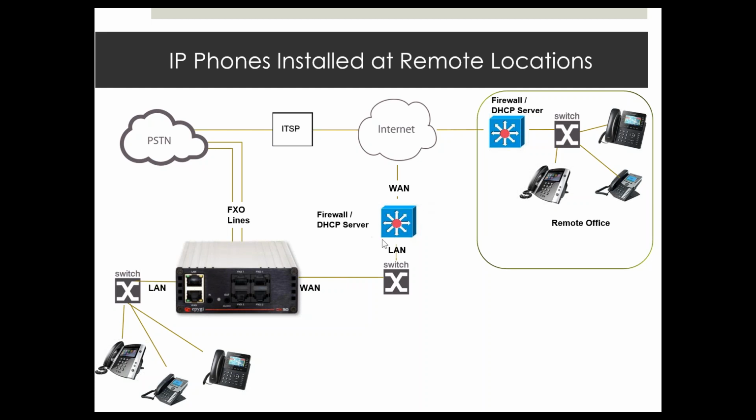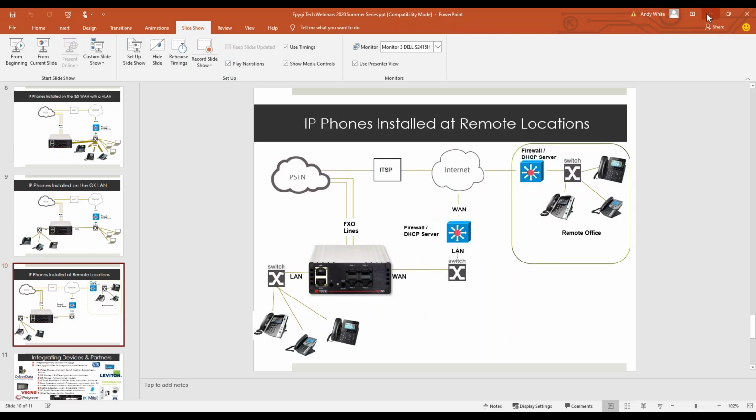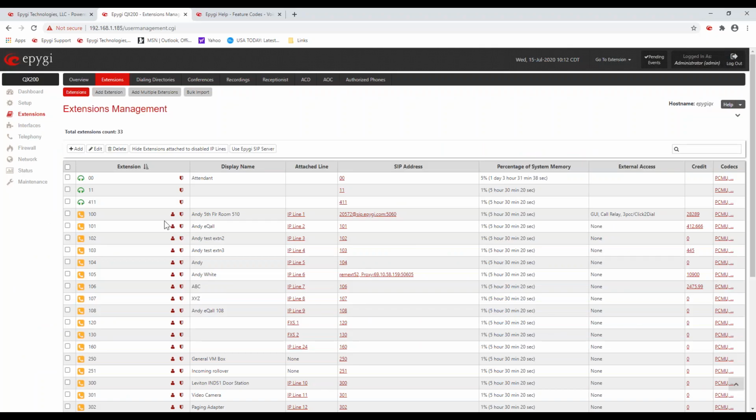Okay, another option, maybe the system is directly connected, instead of connected to the customer's data network, maybe it's directly connected to the internet. So that would be yet another method. Okay, so several different ways of configuring the phones depending on the type of network that you're going to be installing into. So with that, let's go to the phones and how do you configure those.